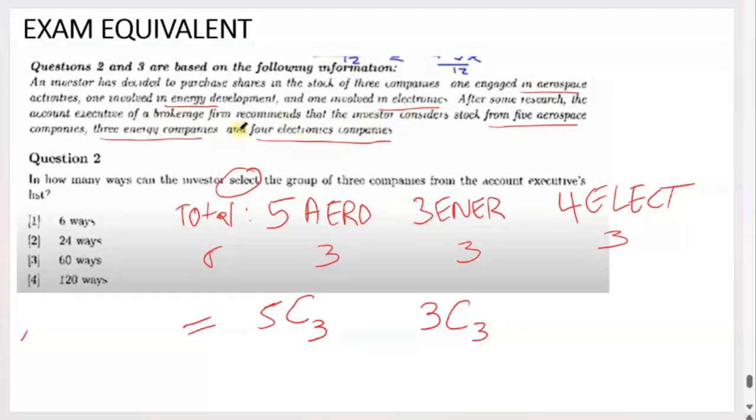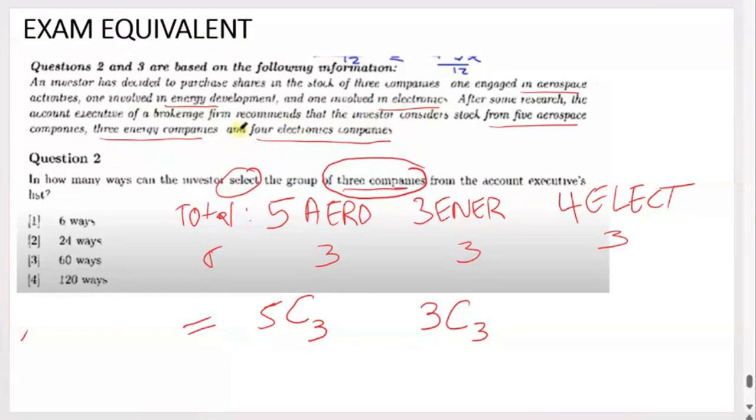Is there anything that you want to sit there and say, yes, there's a conflict? Is there anything that is causing a cognitive conflict from my interpretation? Yes, I think so, because the question says how many ways can the investor select the group of 3 companies.